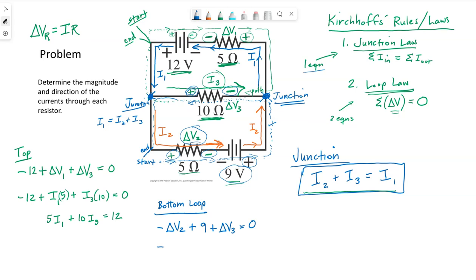For V2, it's a resistor, so its current times its resistance would be its potential difference. The 9 volts already is a voltage, that was the battery. Delta V3 is the current I3 times the 10 ohm resistor.